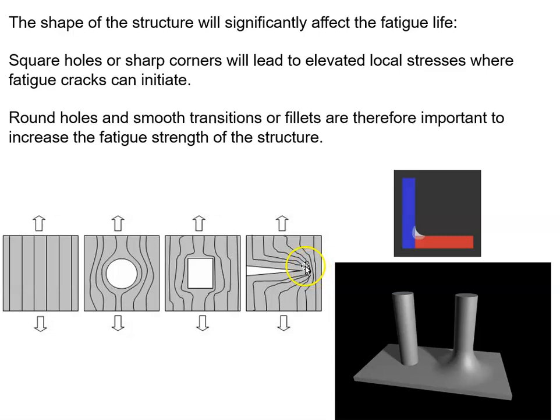So the geometry of putting pieces together plays an important role. Round holes and smooth transitions or fillets are therefore important to increase the fatigue strength of the structure. A fillet is a word in CAD when we join two lines, in steel work as well. If two pieces of steel are joined, that would be called a fillet weld.